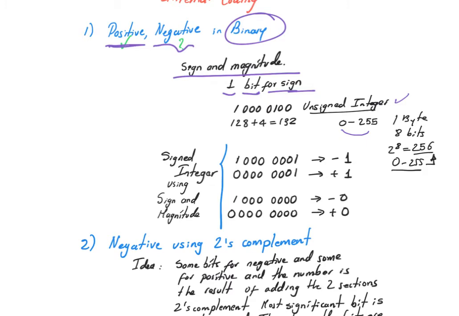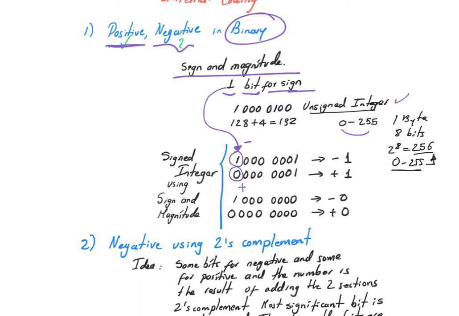Now, for the sign and magnitude, what we do is we take the first bit and we use it for sign, right? And what we could say is that the 1 is going to be minus, and the 0 is going to be plus, or the positive.